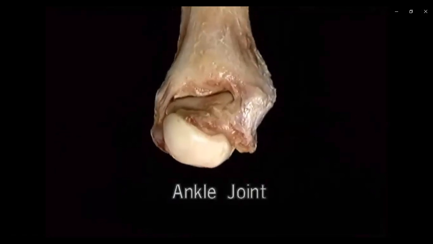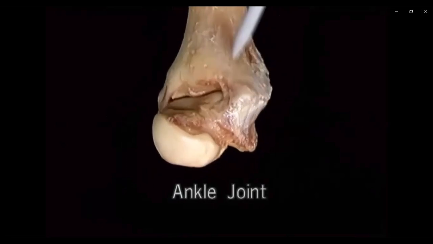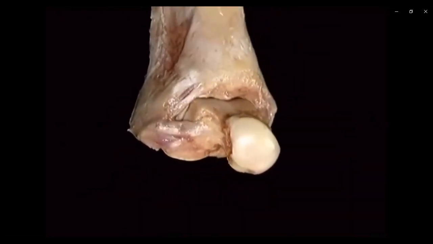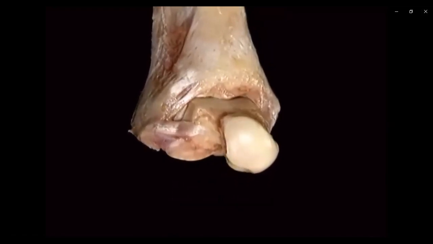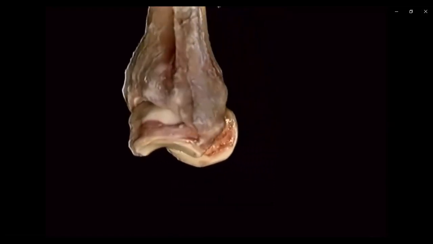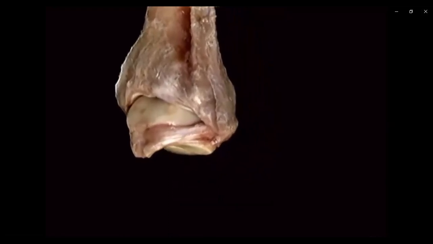Here, the loose parts of the joint capsule have been removed, leaving these thickened parts, which are the ligaments of the joint. Here's the front of the joint in plantar flexion. Here's the back of the joint in dorsiflexion.